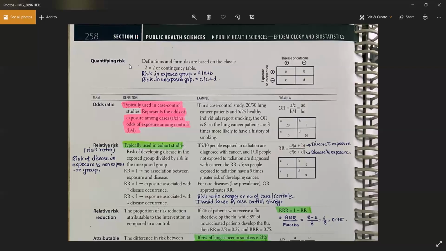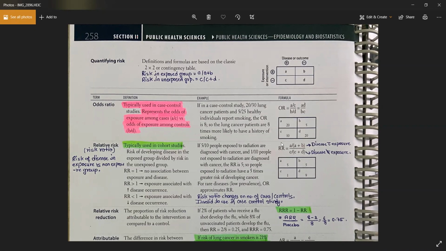Because both the exposed group and the non-exposed group can get the outcome, as you can see. Even if you smoke or you do not smoke, you can get lung cancer, right? But what are the chances that the patient who is smoking will get the lung cancer? So it would be the relative risk.